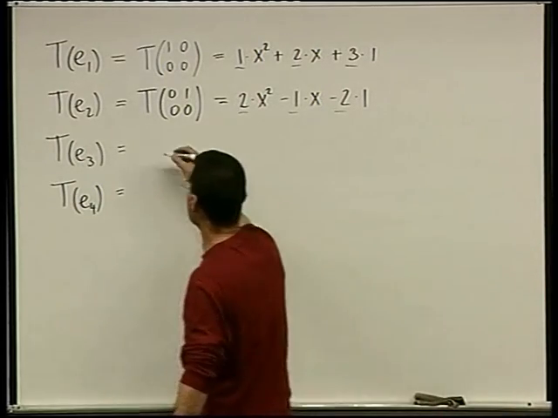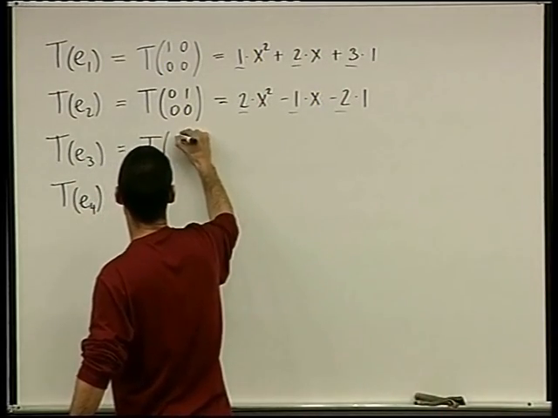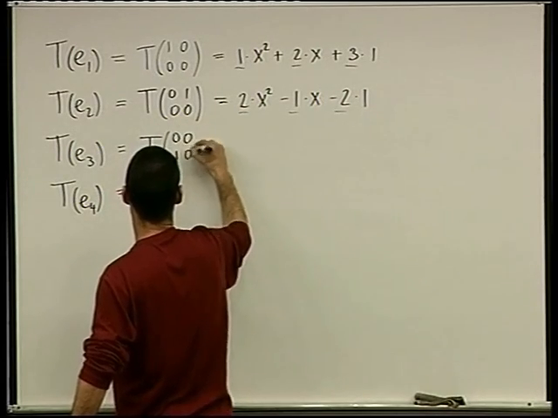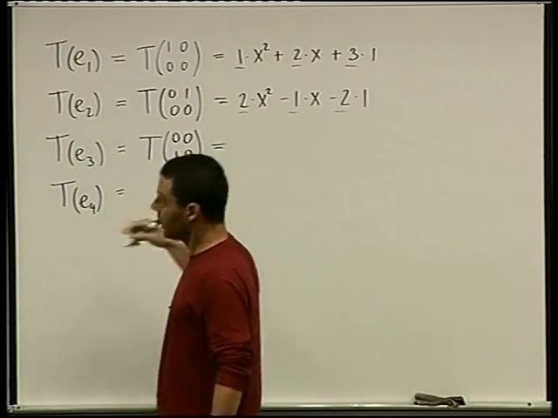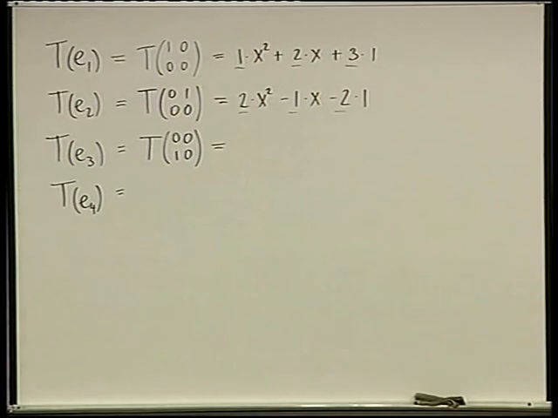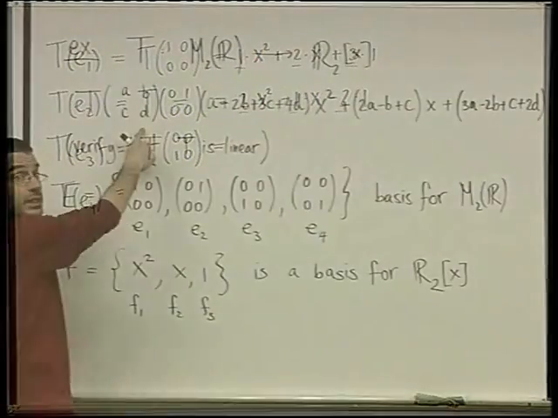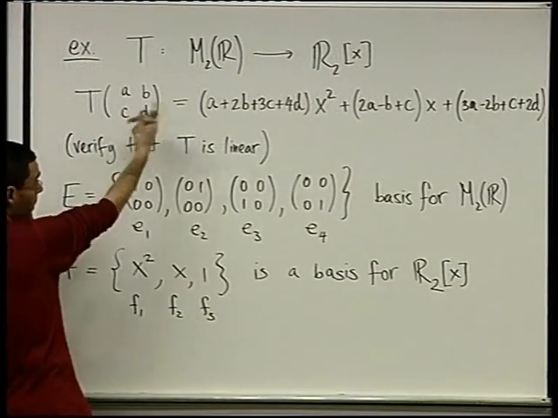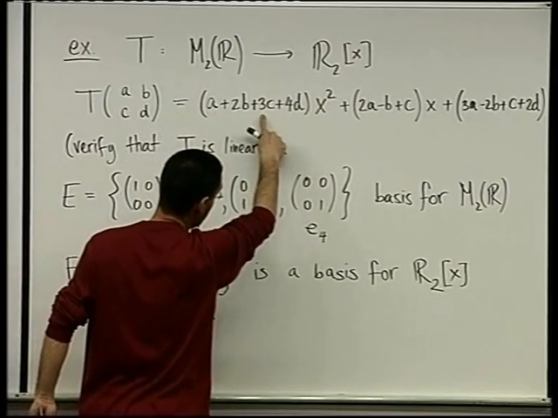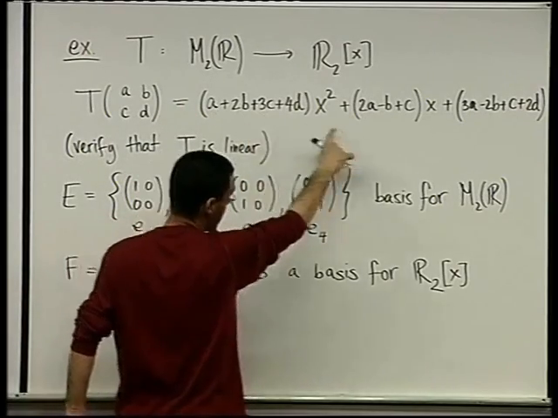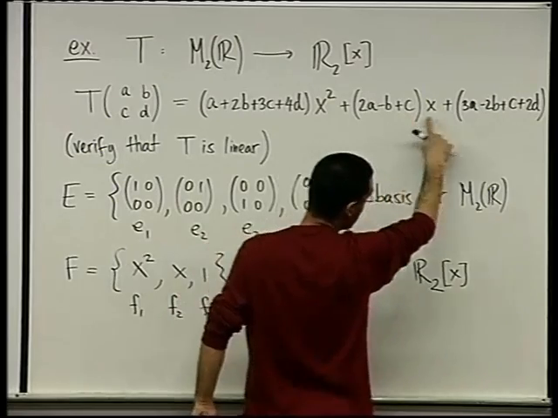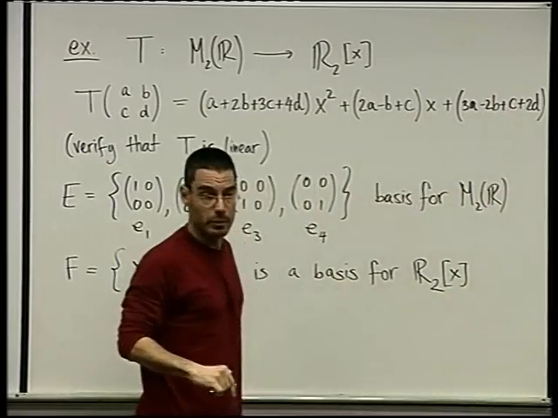What is T of E3? That's T of (0, 0, 1, 0). That means, let's look here again. Let's see how we do it. C is 1. A, B, and D are zeros. I'm doing T to it. So I get a 3 here: 3x squared plus 1x plus 1. Right?